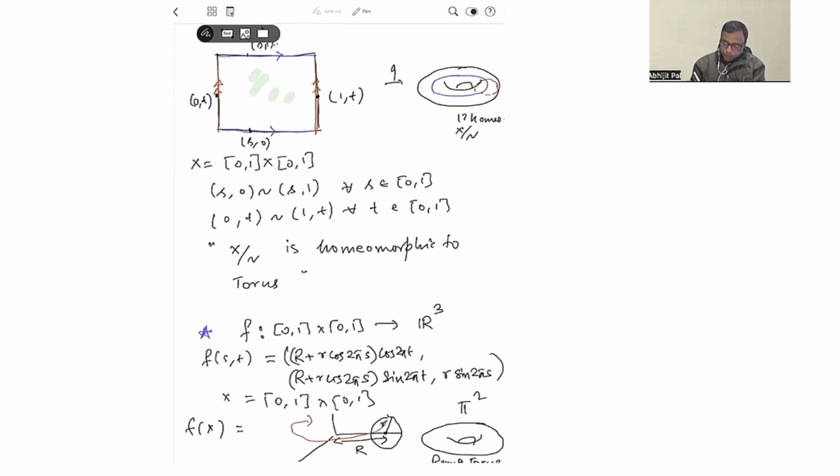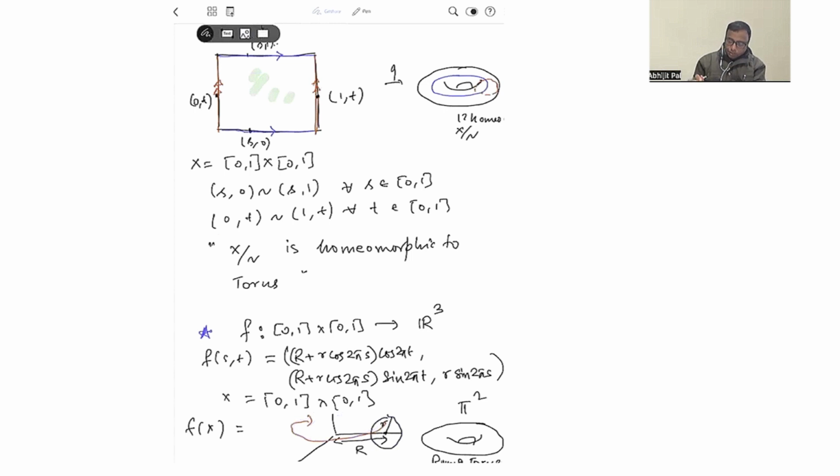How do you get this definition? You take R3 and a circle of radius small r, whose center lies on the x-axis at distance capital R from the origin. And now you rotate about the z-axis.